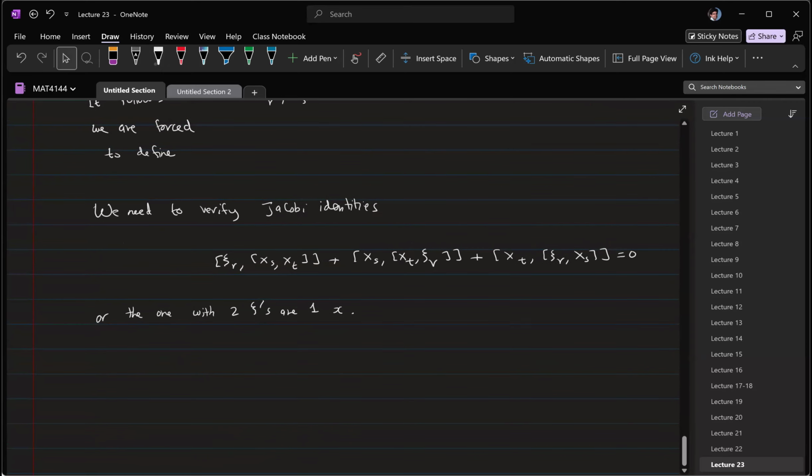So also recall, these identities, these relations reduce to Jacobi of G plus Jacobi of G star put together with the cocycle relation.